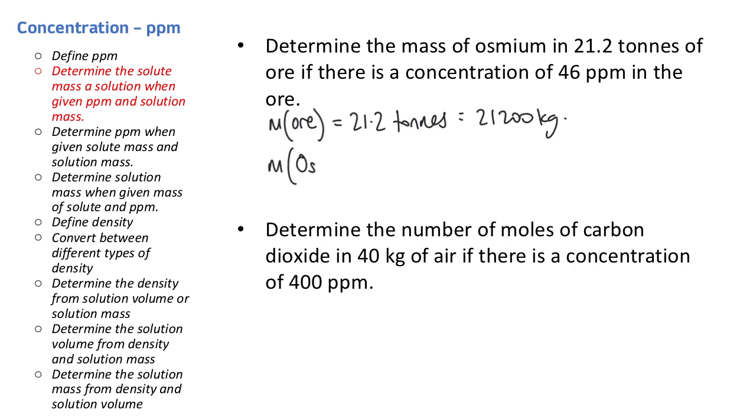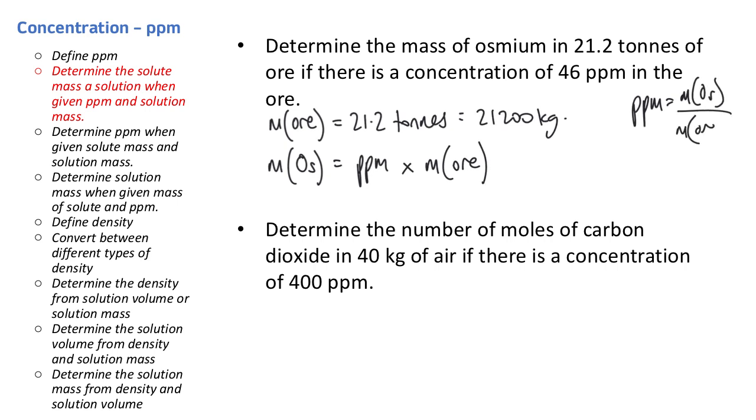The mass of osmium will be equal to parts per million times the mass of the ore. This is just a rearrangement of ppm equals mass of osmium over mass of ore.